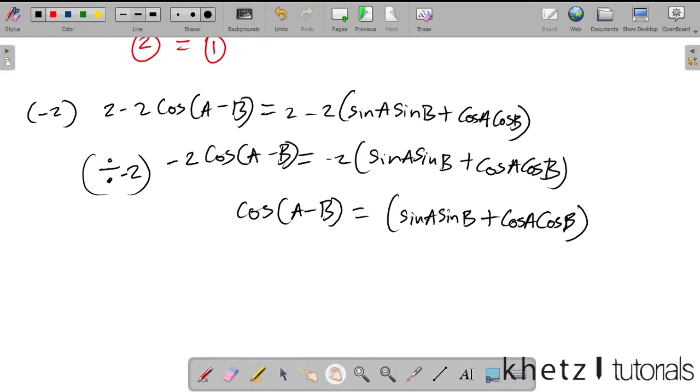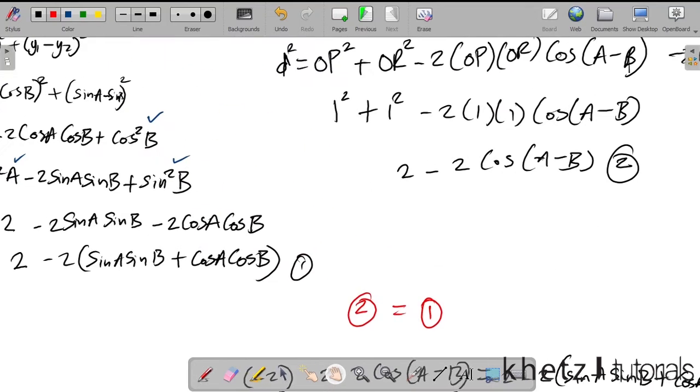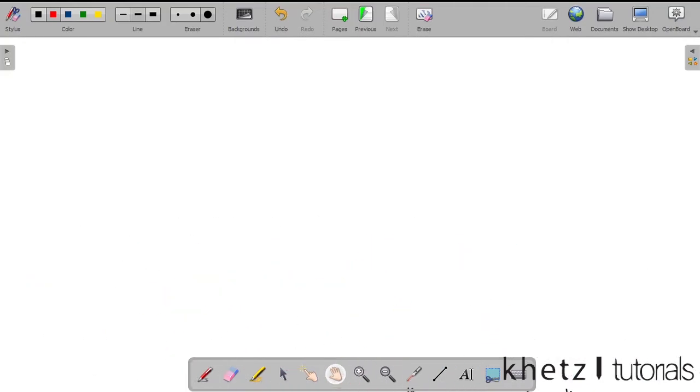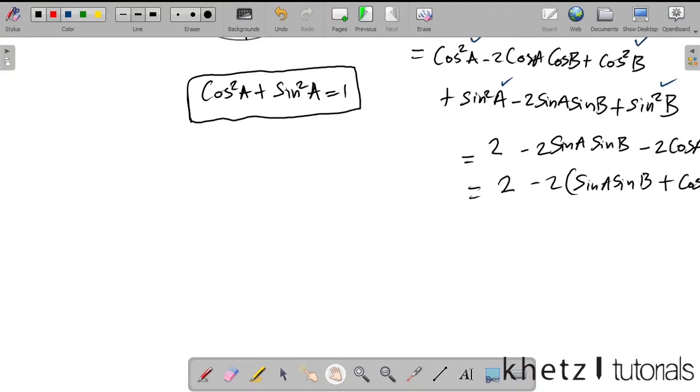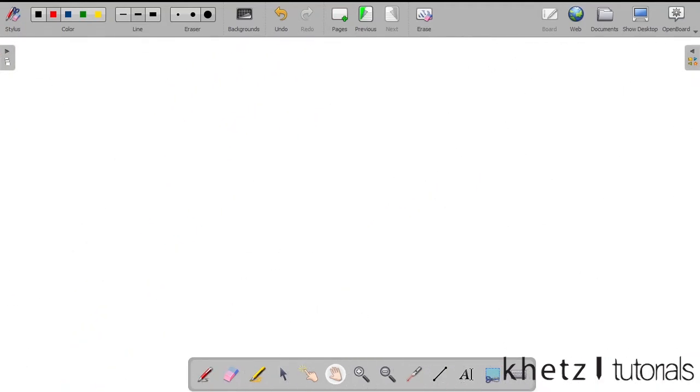And lo and behold, we just proved that cosine of A subtract B is equal to cosine of A cosine of B plus sine of A sine of B, which is the original formula we had when we introduced the compound angles. It introduced these as being true to us, even though we didn't have proof.